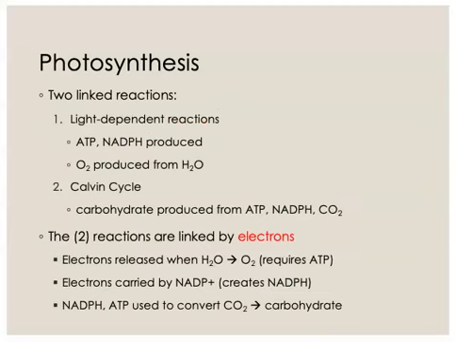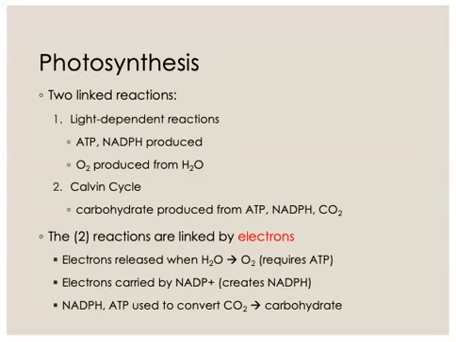The two sets of linked reactions that occur during photosynthesis, again, are the light-dependent reactions and the Calvin cycle. During the light-dependent reactions, ATP will be produced, and the electron carrier molecule NADP+ will be reduced to NADPH.